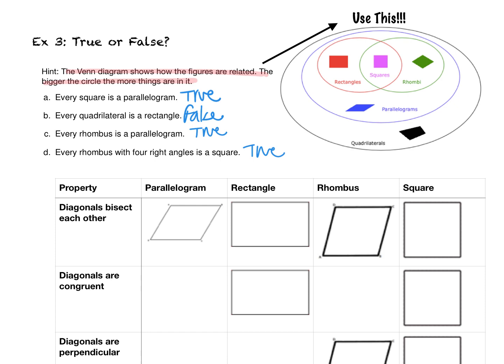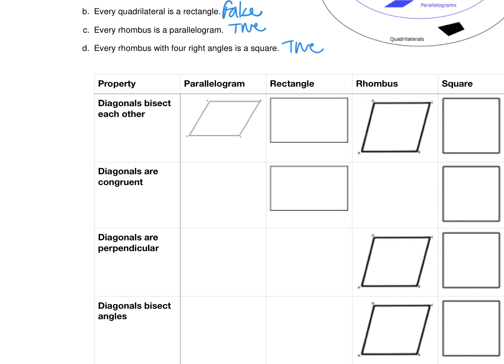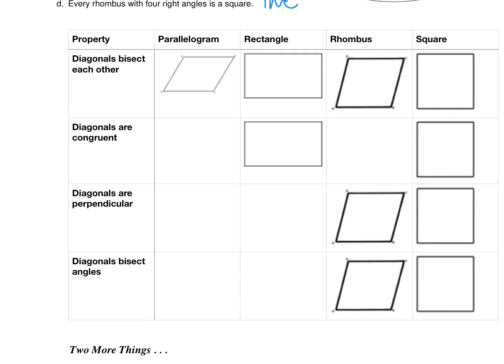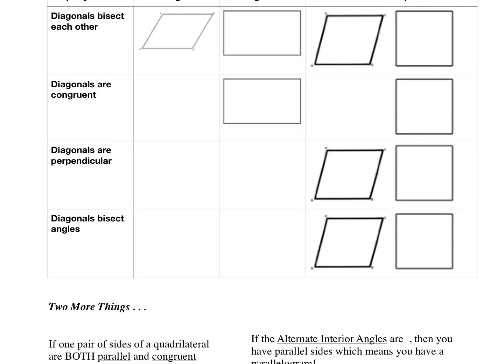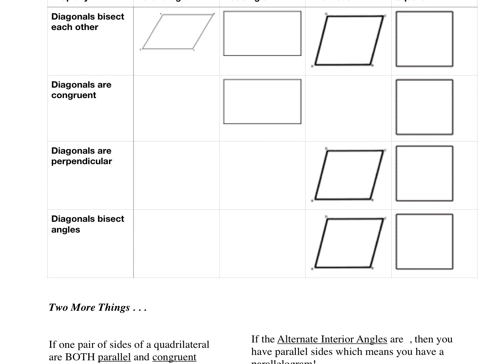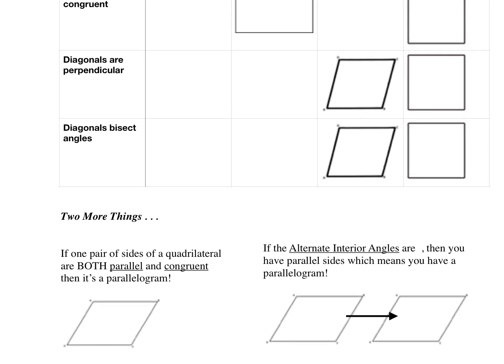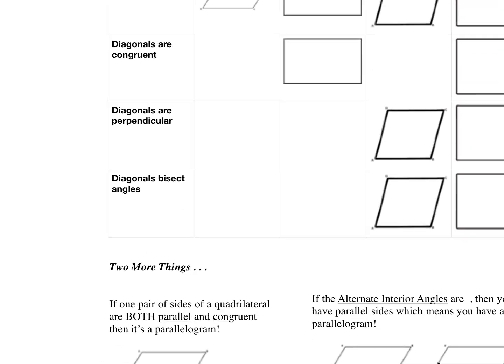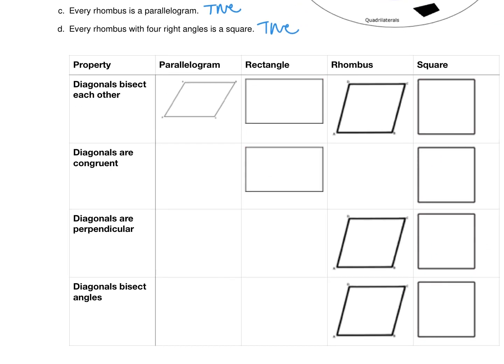In this next one, we have to think about all of the properties of each of these quadrilateral figures in order to be able to answer the statements or the problems or examples that you're going to have in ALEKS. So let's talk about each of these quadrilaterals. Each of the quadrilaterals that are listed in the first row have diagonals that bisect each other, okay?